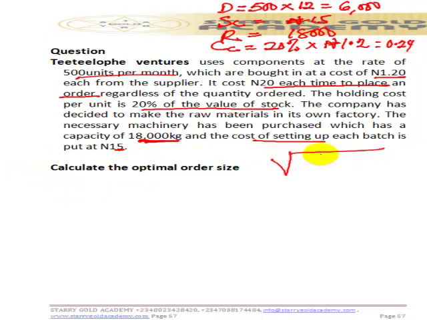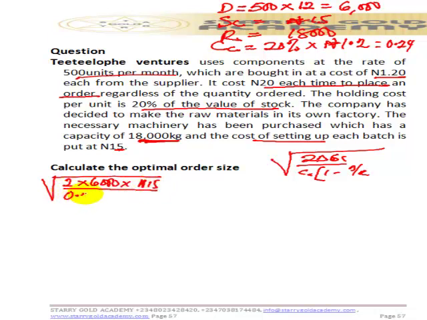The formula is going to be square root of 2DSC over CC into 1 minus D over R. So I have 2 times 6,000 times 15, everything divided by 0.24 into 1 minus 6,000 over 18,000 by the formula. So that's giving us 2 times 6,000 times 15, that's 180,000.